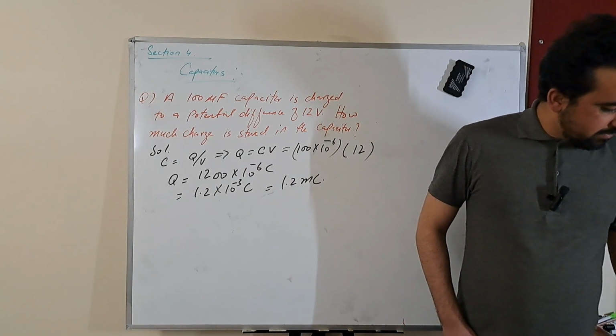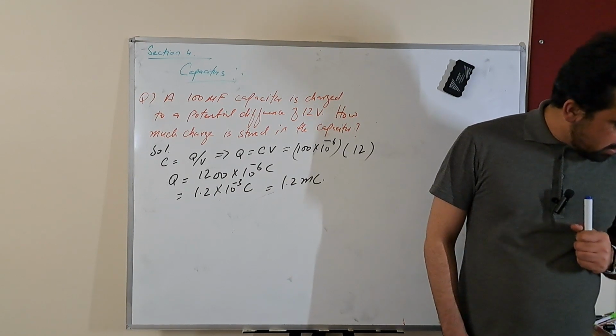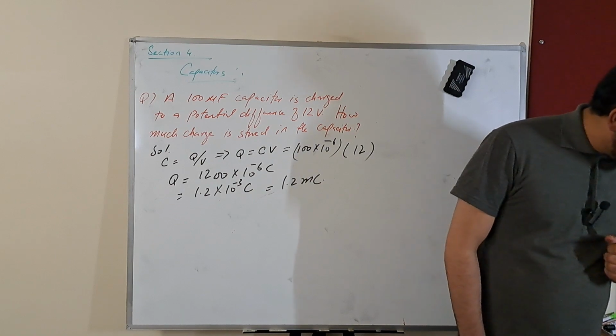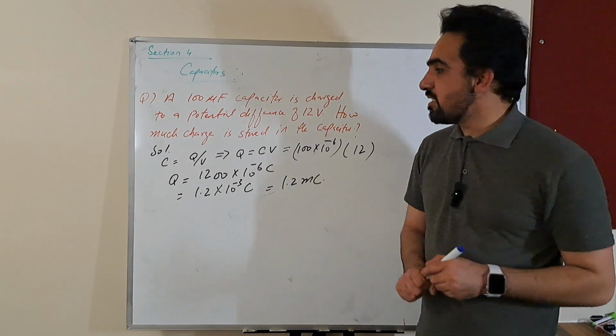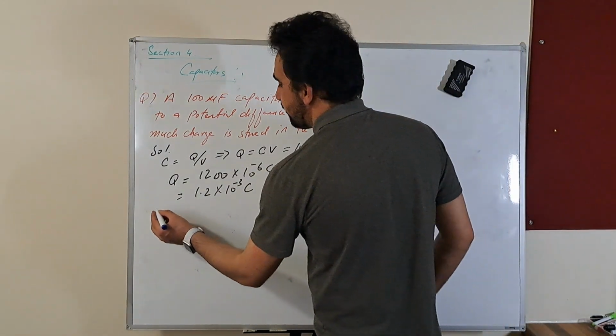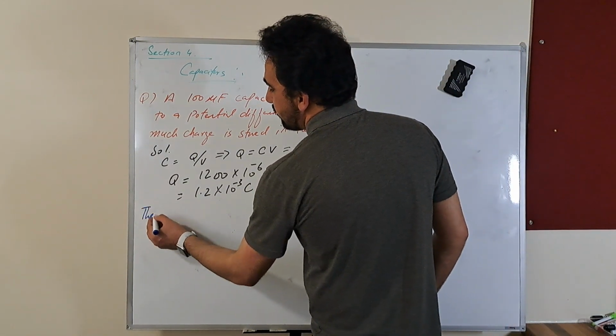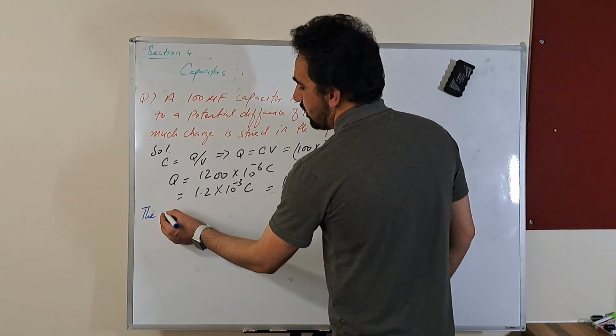The voltage rating of a capacitor is 50 volt. What is the maximum charge that the capacitor can store? So the next part is very similar to this one.